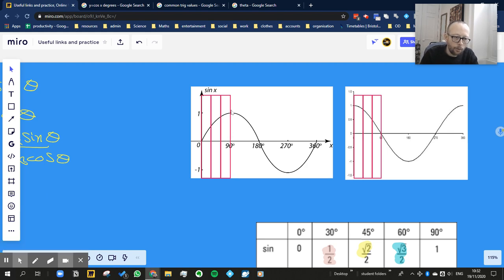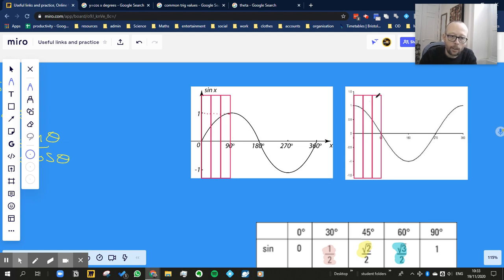I've taken that period between 0 and 90 and drawn a shape here. From this graph, we can see that sine of 0 is 0, and that sine of 90 is 1.